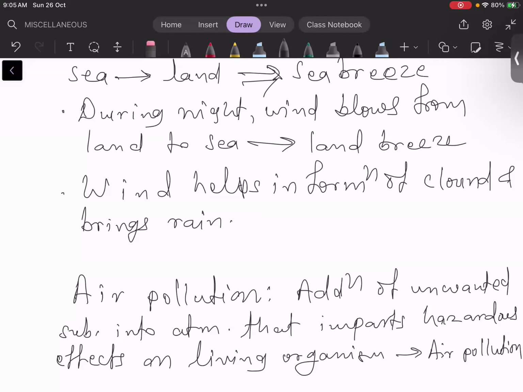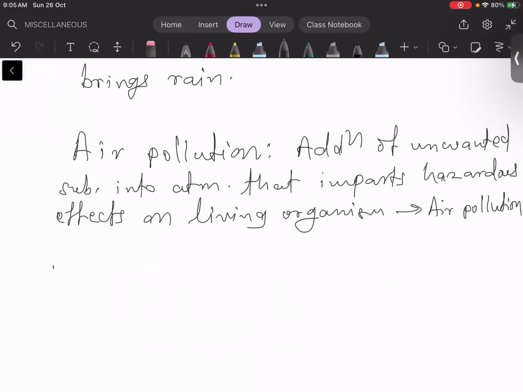Air pollution. What is it called? Air pollution. The next part is sources of air pollution.